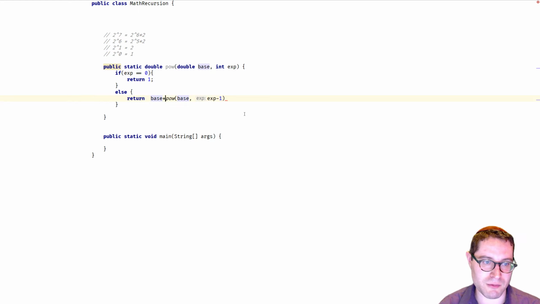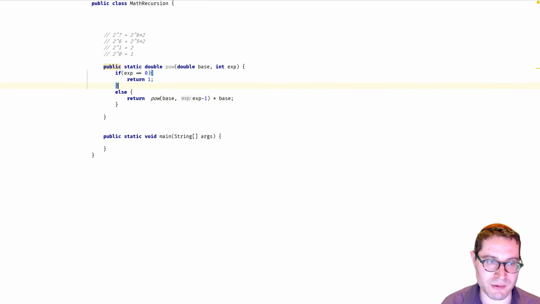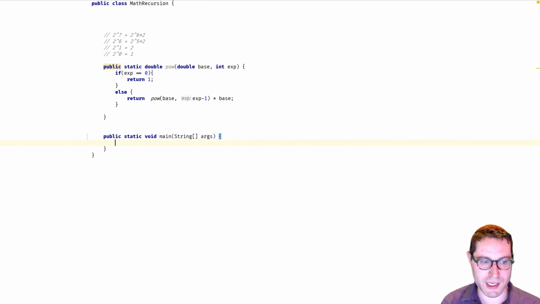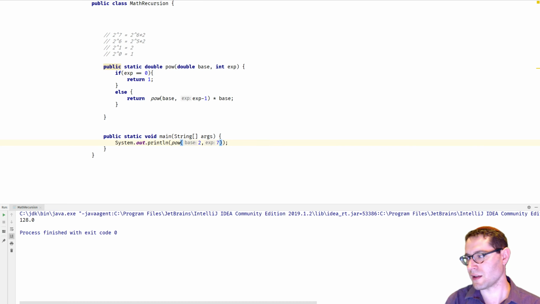Or if we put it in the way that I have over here, that's what I've got over here. No worries there. So let's go ahead and run this. It should print out pow 2 to the 7th power. It should be 128. Makes sense, 128. So that seems to work just fine.